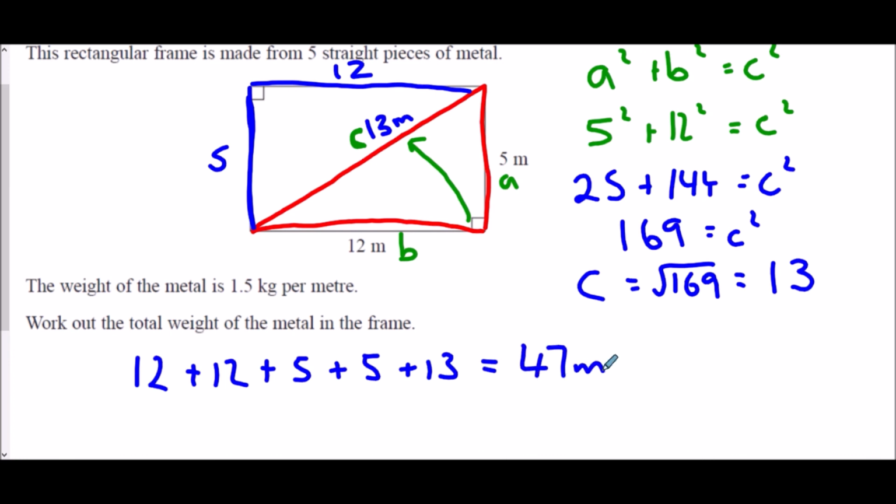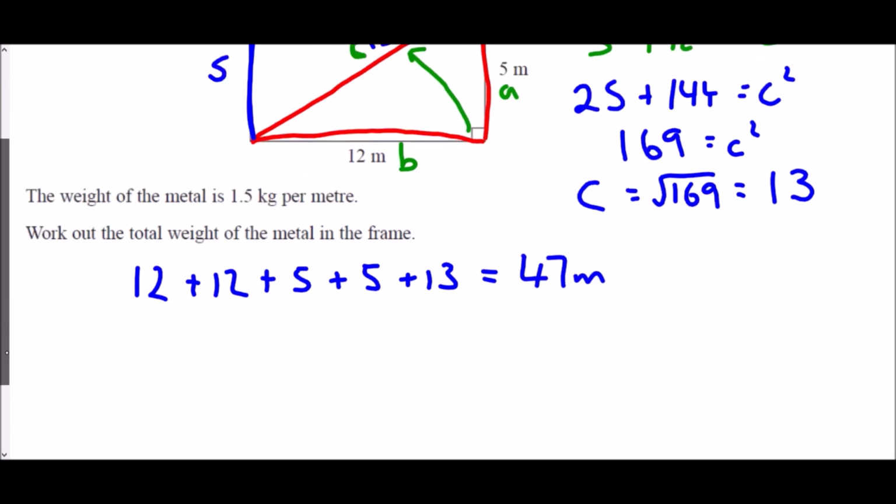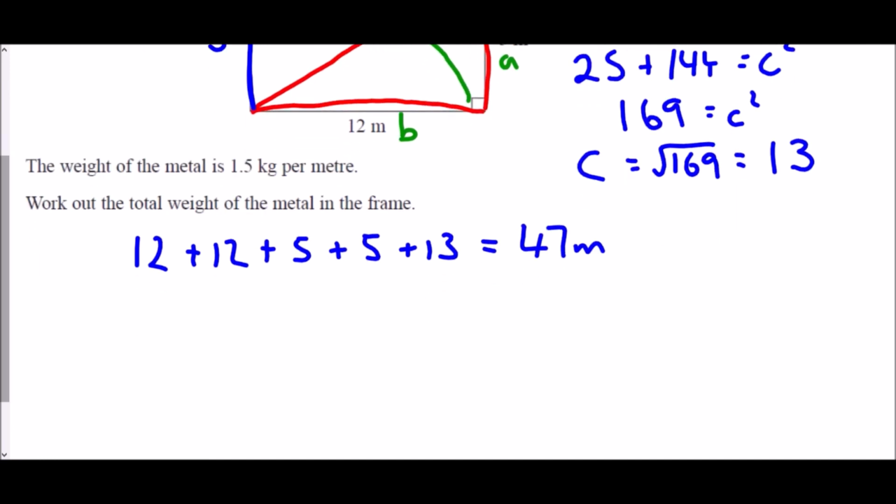And then the last little stage of this, it is 1.5 kilograms per metre, and so we need to multiply 47 by 1.5. So 47 times 1.5.